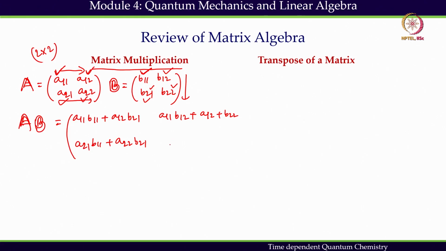Similarly, I will multiply A21 and B12, plus A22 multiplied by B22. Matrix multiplication is a little complicated, but if we understand the order, we always follow this order and multiply and add them.